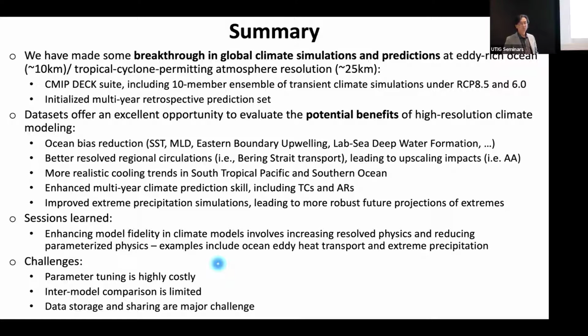Even for the ocean eddy system, I think it's going to be a challenge. People doing large eddy simulations or direct numerical simulations can push the resolution down to very fine scale, but only in a limited area. So it's very hard to do a global direct numerical simulation, given the computing resources we have.